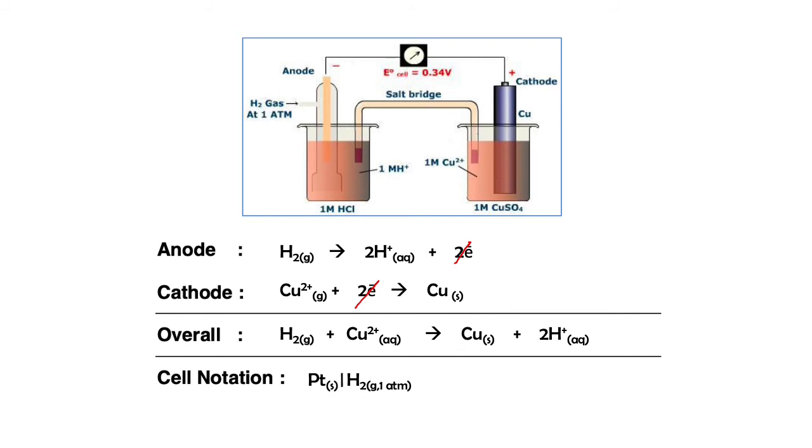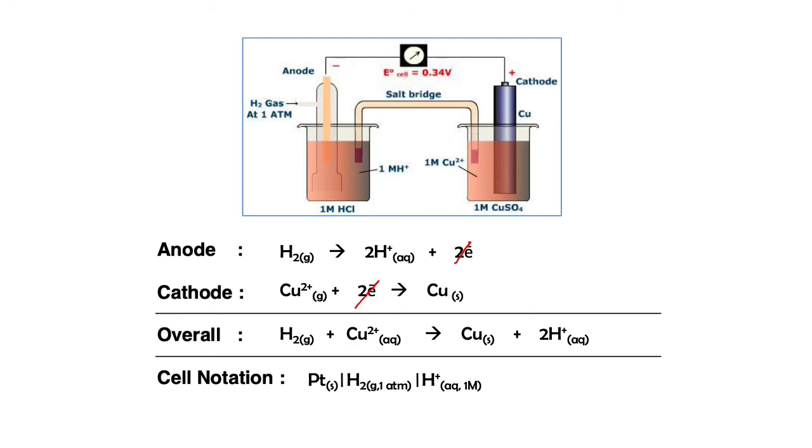Now we haven't written the product, which is aqueous. As you can see, at the product we have 2H+. But in cell notation, there's no need to write the stoichiometry. Just write the product. Again, do not forget to write the state and the molar if given.